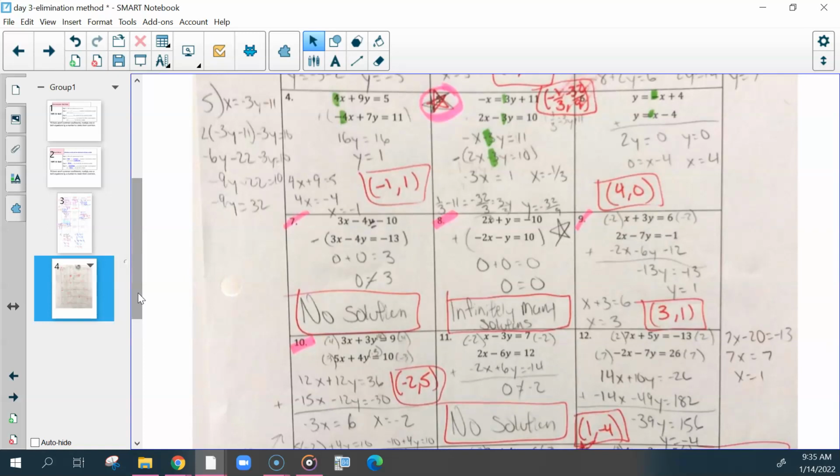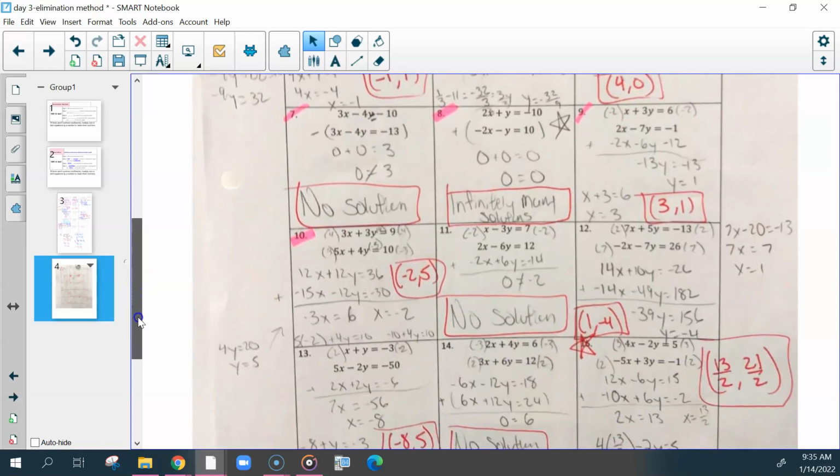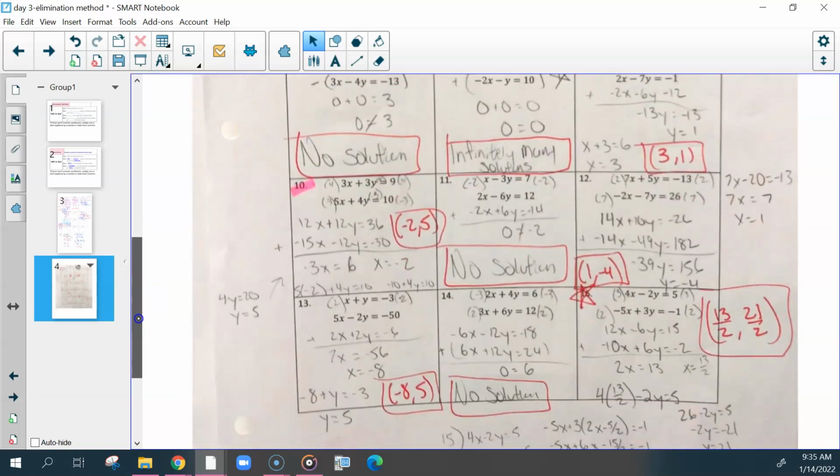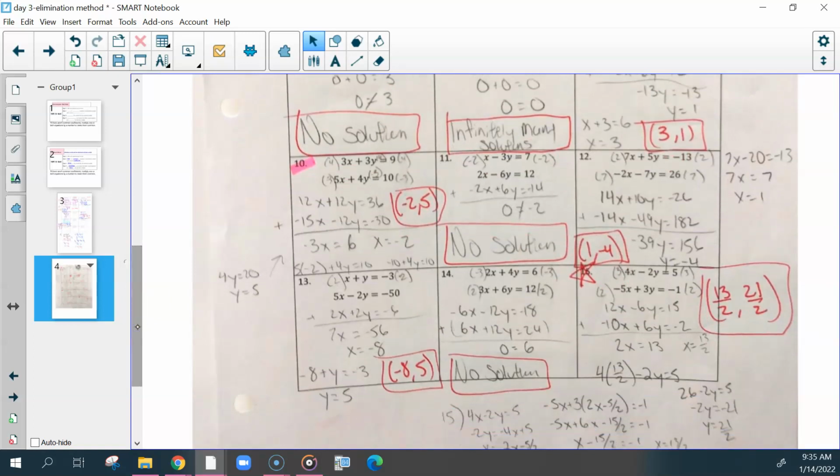Number 6 was 40. 8 was infinitely many solutions. We did 9, we did 10. 11 was no solution. 12 was 1, negative 4. 13 was negative 8, 5. 14 was no solution.